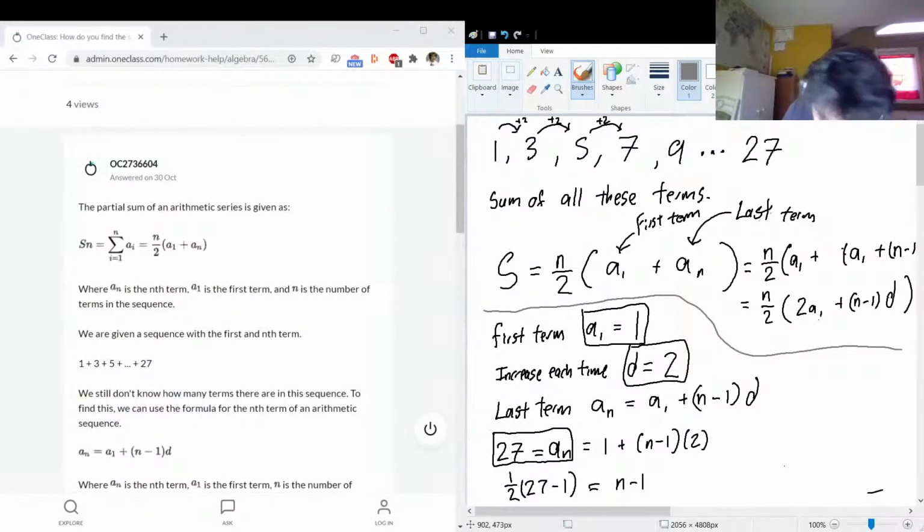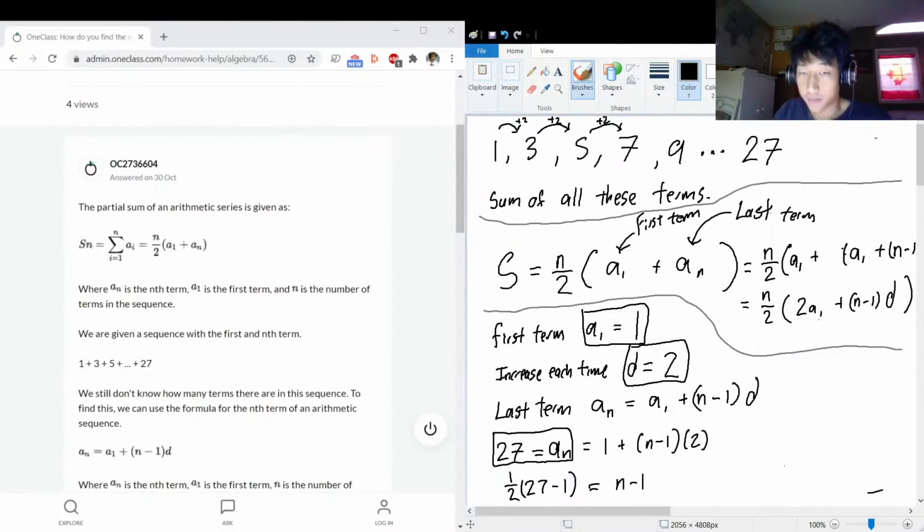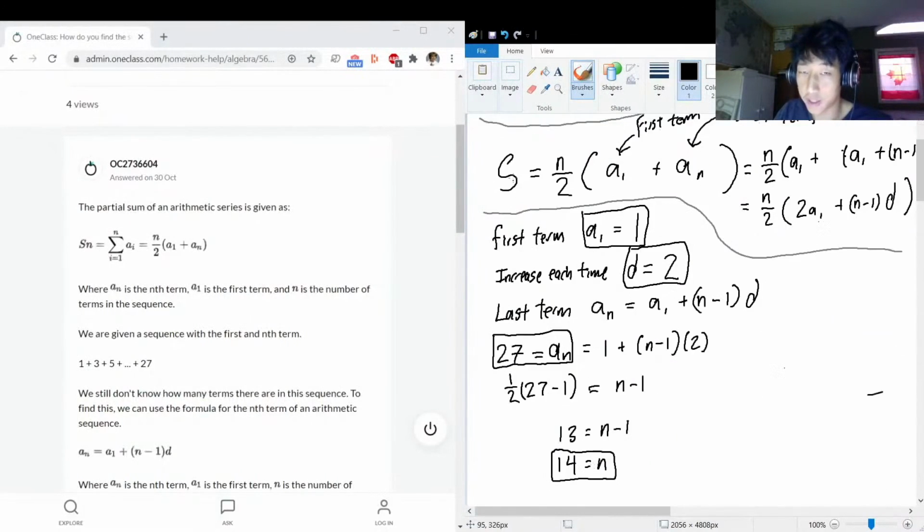Just going to draw some separation. Okay, so we know a1, we know an, 1 and 27 respectively, and we know n, we calculated that to be 14. So let's stick that in the equation and figure out what we're going to get. Equals n over 2, that's 14 over 2.